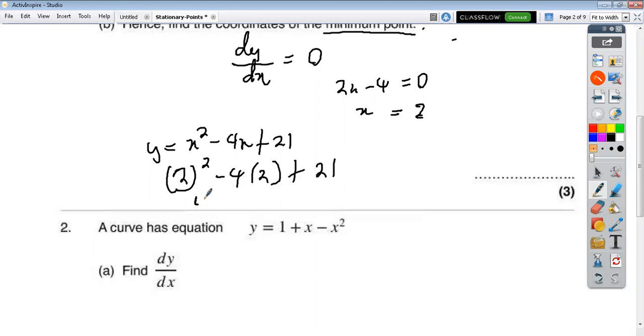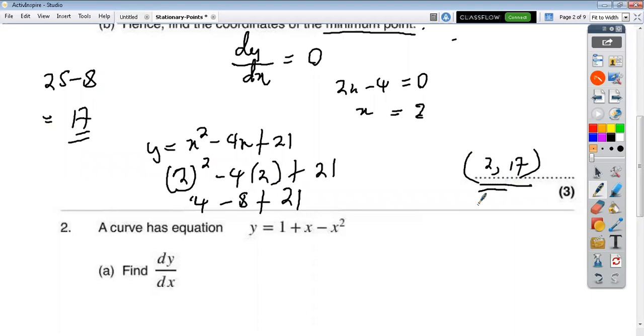This gives us 4 minus 8 plus 21. Rearrange this, gives us 25 minus 8, which gives us 17. So what's the turning point? 2, 17. It's the minimum. Are we together? Local minimum.